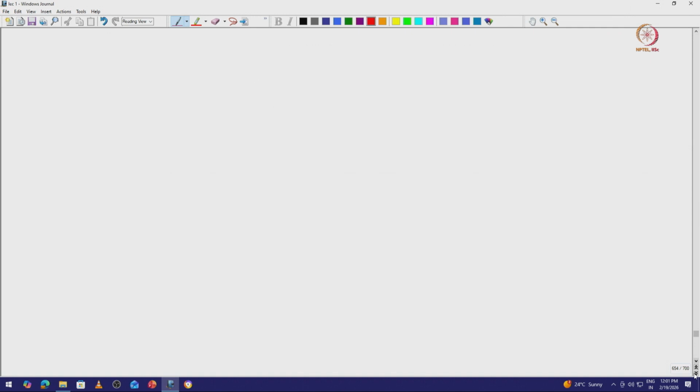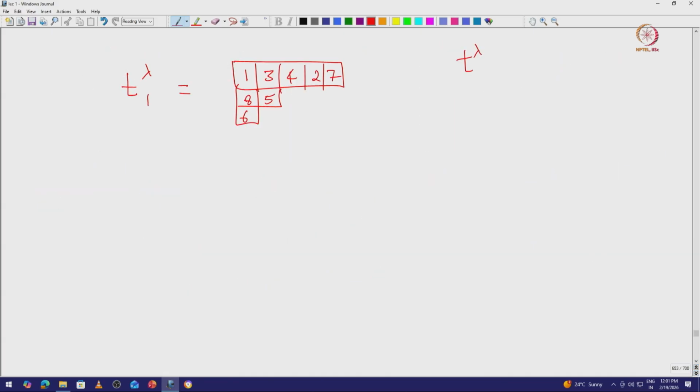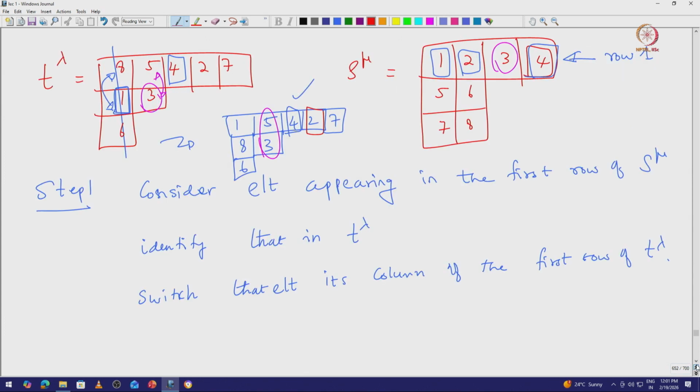The original tableau T lambda is here, which is given by 8, 5, 4, 2, 7 and then 1, 3, 6, and from that we obtain this tableau, which makes sure that the first row of S mu is the same as the first row of T1 lambda.